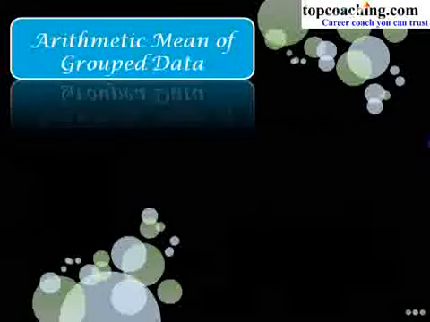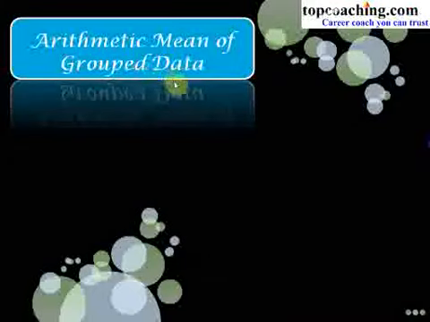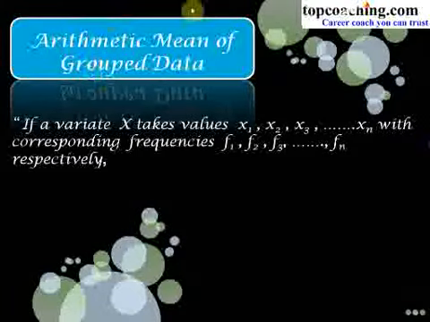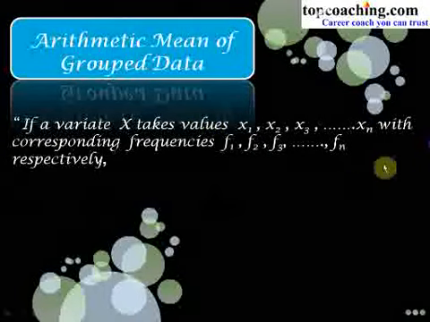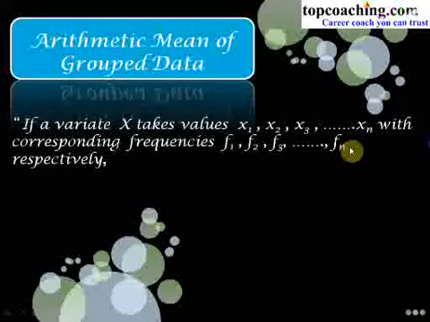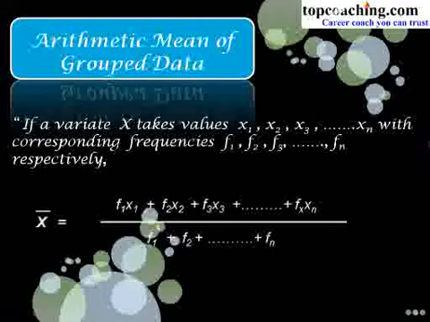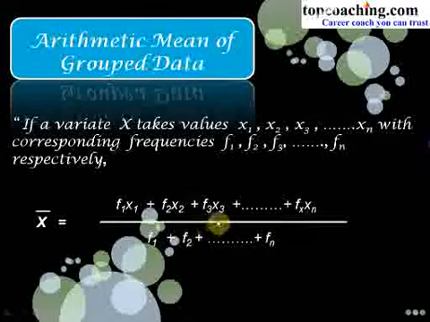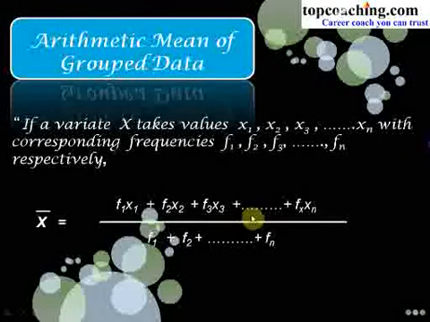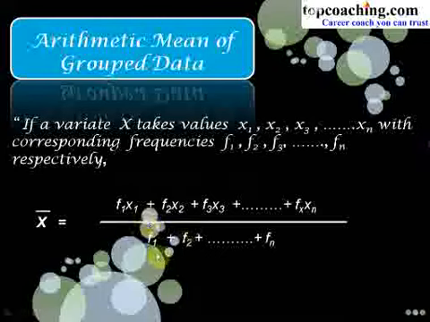Now let's study arithmetic mean of grouped data. If a variate x takes values x1, x2, x3 up to xn with the corresponding frequencies f1, f2, f3 up to fn respectively, then the formula for arithmetic mean of grouped data would be x bar equals f1 x1 plus f2 x2 plus f3 x3 plus f4 x4 up to fn xn divided by f1 plus f2 plus f3 up to fn.